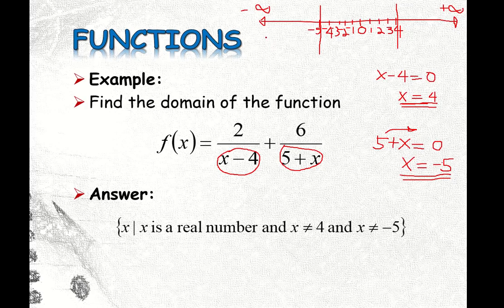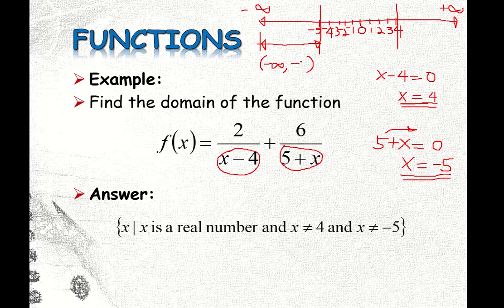Alright, so for this part here, we have one interval. How will we represent this in notation, inside the parentheses? This is negative infinity, and we have minus 5.